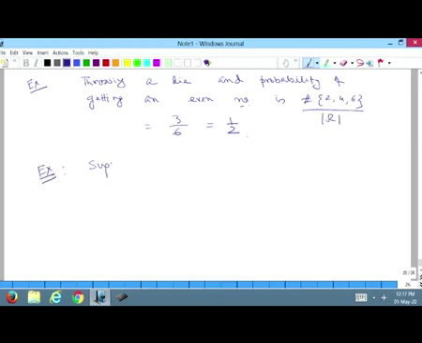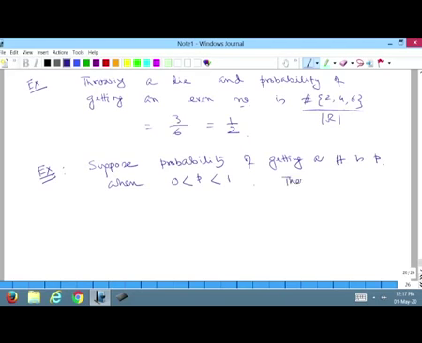Suppose probability of getting a head is p when 0 less than p less than 1.